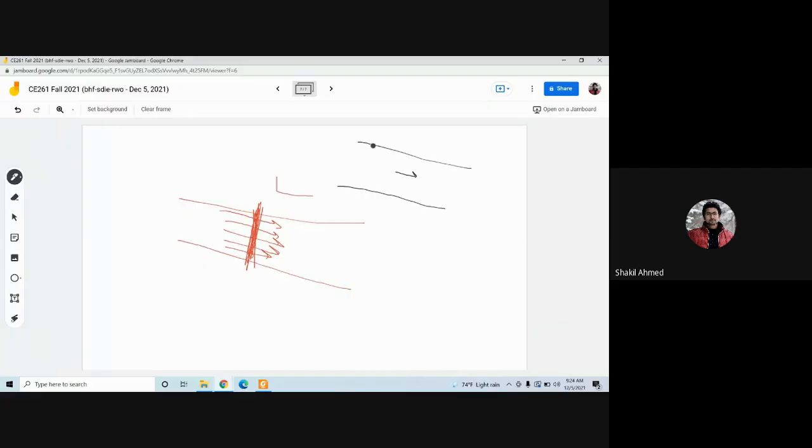So what's happening is that in turbulent flow, a layer of laminar flow is formed near the wall of the pipe. Near the wall of the pipe, this is laminar, but here this is turbulent. Okay? Are you following me, guys? Yes, sir.